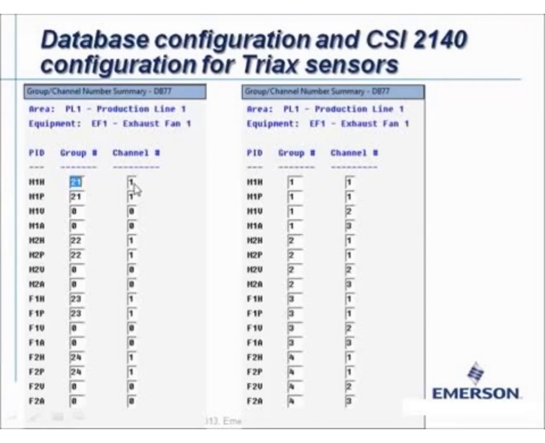If we want to work with the triax sensor, we have to change this configuration. And how to change this? All the measurement points that are lying in the same plane have to receive the same group number. For example, motor outboard everything has group number 1, motor inboard group number 2, fan inboard group number 3, and fan outboard group number 4.